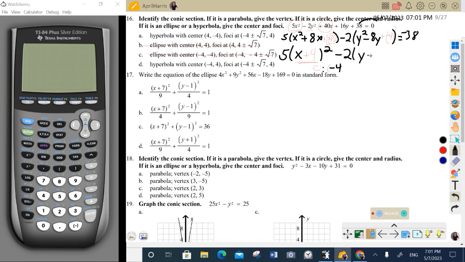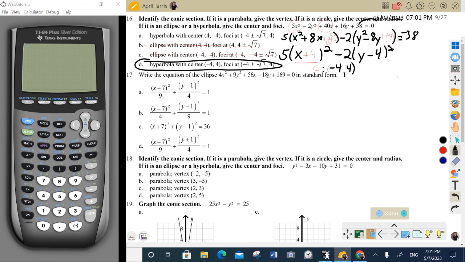And that would be y minus 4, quantity squared. So when you bring it out of the parentheses, positive 4 is the y value of the center. So negative 4, positive 4 is going to be answer D, and you don't have to find the foci. So you really don't have to complete the square on the right because we don't need the whole standard form.